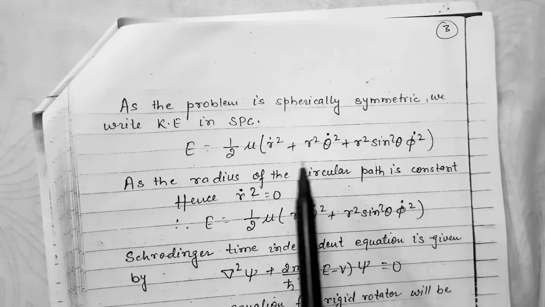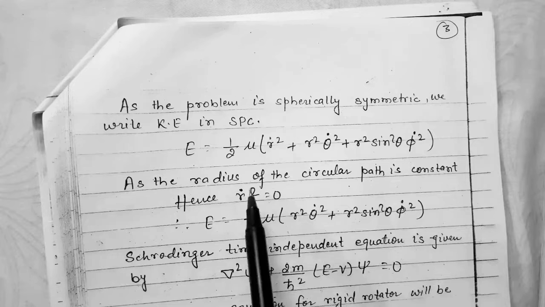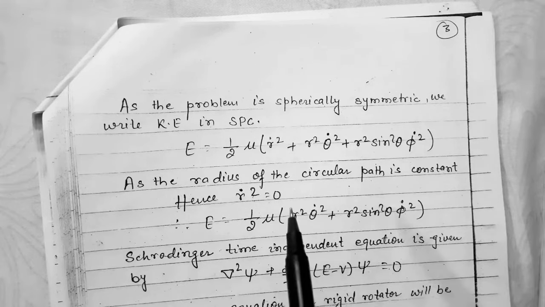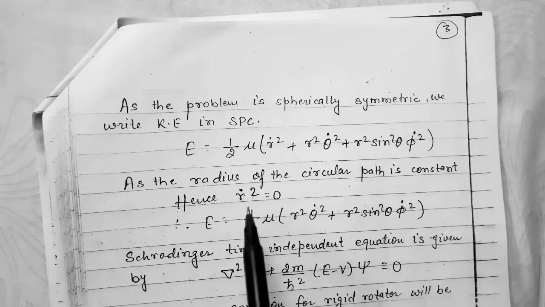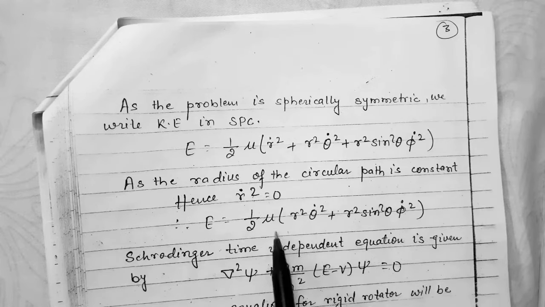In this case the radius of the circular path is constant. We already know that the radius of the circular path is always constant, because it is a rotatory motion and the body is continuously rotating in a single reference frame. So the first term will be 0, and we see what the left terms are here.